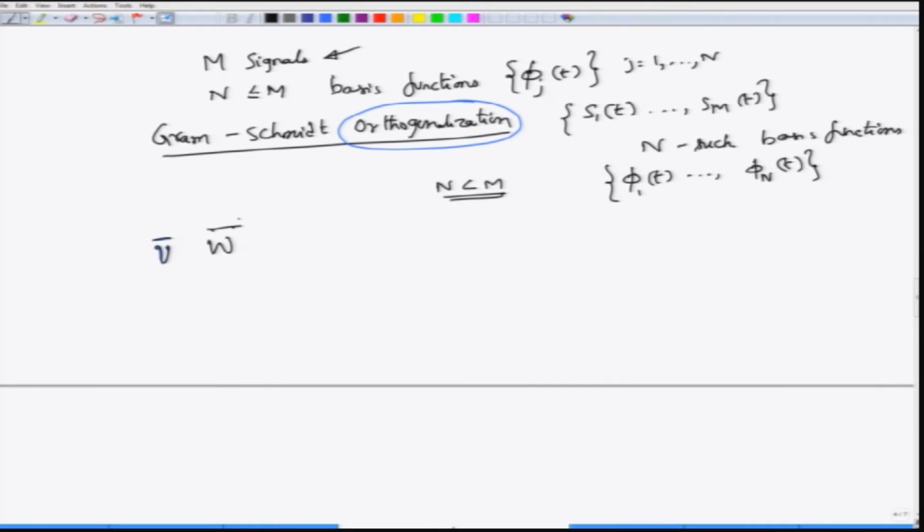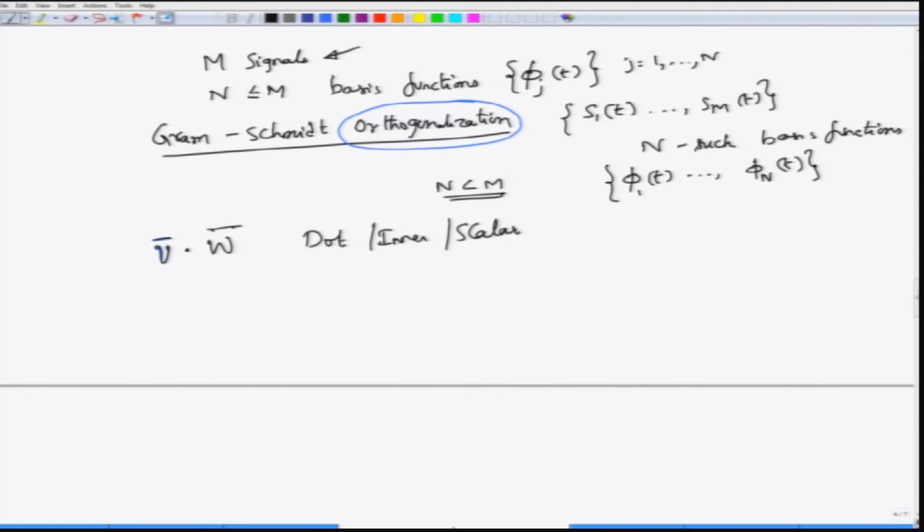We call these two vectors orthogonal to each other if their inner product is 0, or if their dot product is 0. So, this brings up an important geometric notion called the dot product or the inner product, or sometimes called the scalar product.